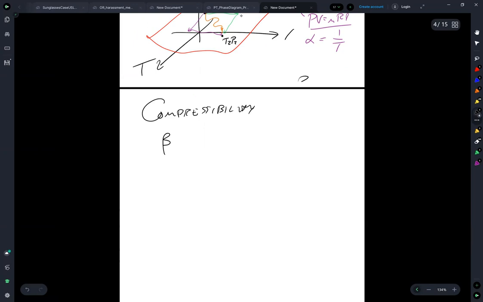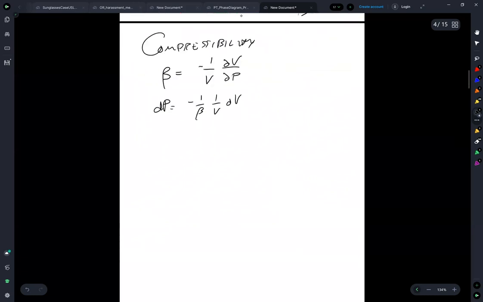We have that the compressibility is equal to minus 1 over the volume, dV by dP, which means dP is equal to minus 1 over beta, 1 over V dV, which gives us P is equal to minus 1 over beta natural log V, which is natural log V minus 1 over beta.